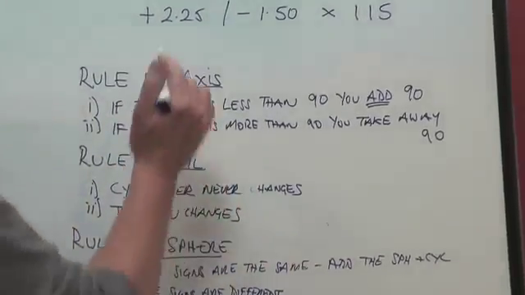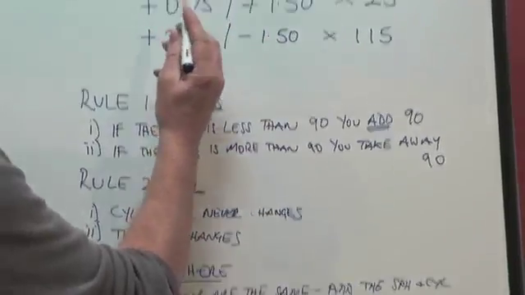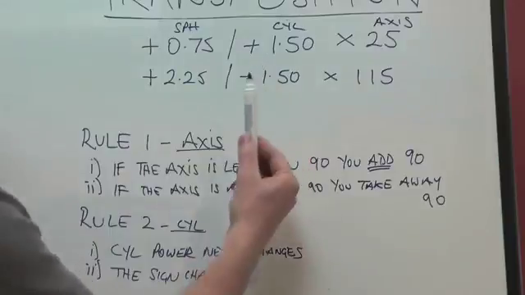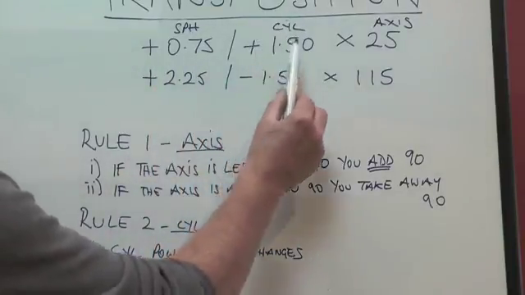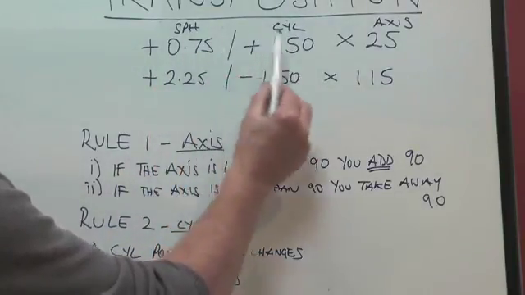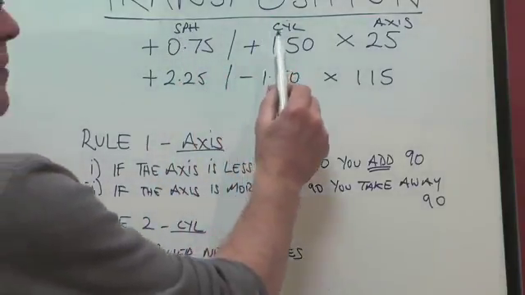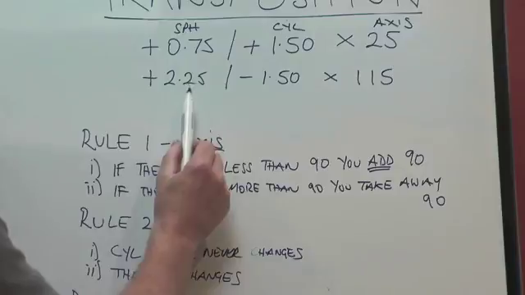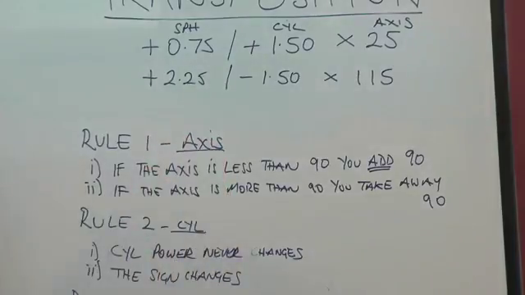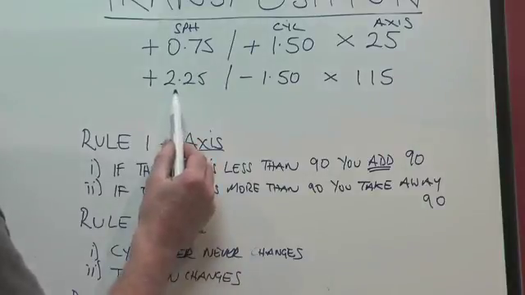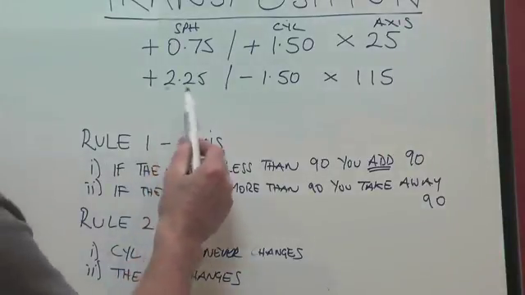Now, if the signs are the same, in order to get the new sphere power when you transpose it, you add the two numbers together. So you've got 0.75 plus 1.50 is equal to 2.25. So when you transpose this one, you end up with a sphere power of plus 2.25.